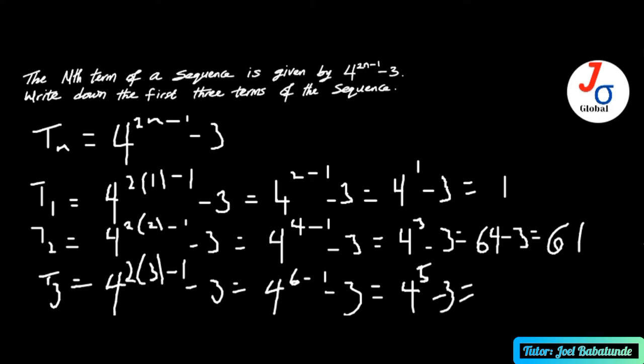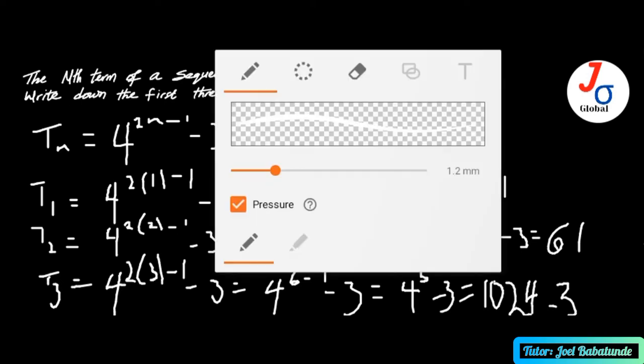And what's 4 to the power of 5? It is 1024, then minus 3.